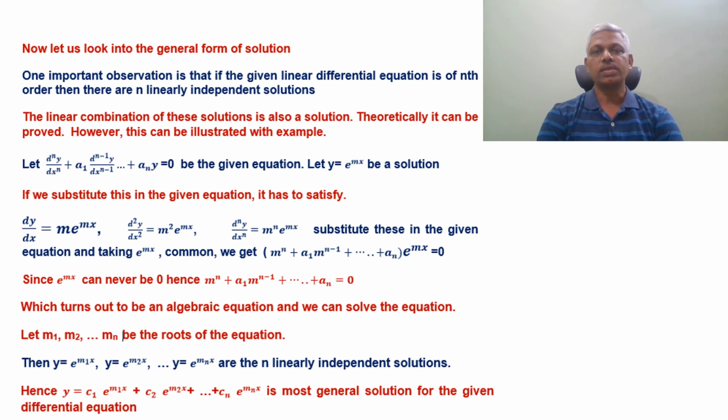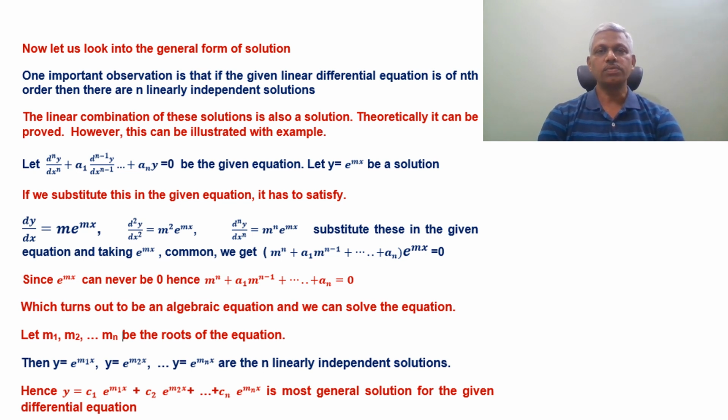So by taking advantage of this, we start with the simplest possible solution by assuming that y is equal to e^(mx) is the general form of the solution for the equation, since in the previous case we observed that for the simplest form y is equal to e^(mx) is the solution. If it has to be the solution, then if we substitute the derivatives of this in the equation, it has to satisfy.